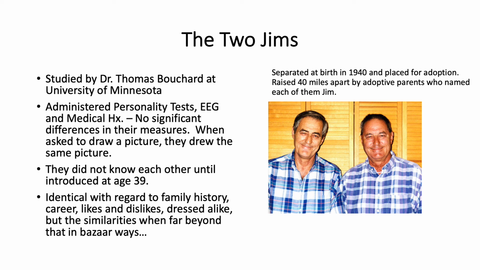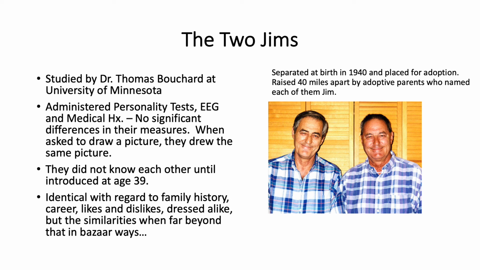This was a study done by Thomas Bouchard at the University of Minnesota, where he interviewed a pair of twins who had been separated at birth and adopted into adoptive families, who then gave them a name and raised them, and they didn't find out about each other until they were 39 years old.